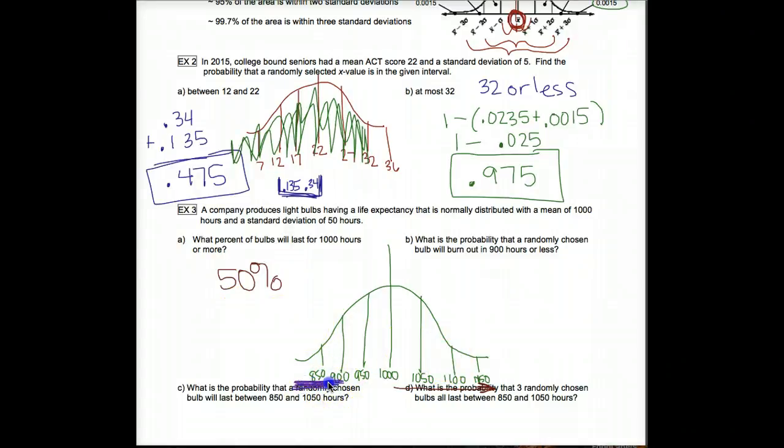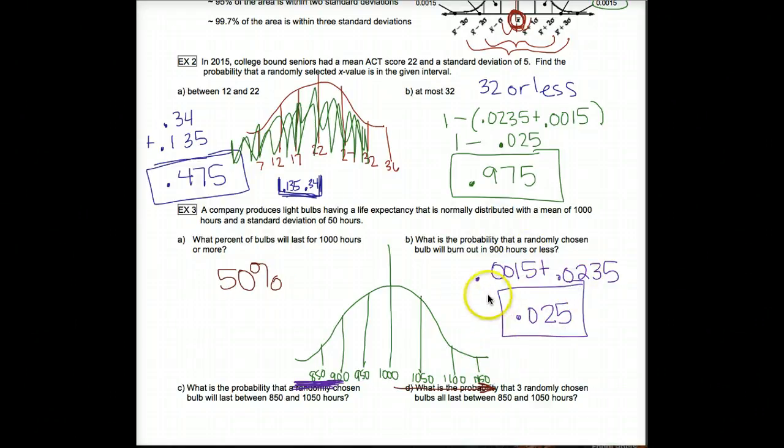So it's just those 2 little areas. So 0.0015 is the leftmost, plus the next one, which is 0.235. These are the same things that we added together here. So hopefully it still gives us 0.025. And that is our probability. So it's good if the mean is 1,000 that very few of them burn out in 900 hours or fewer.